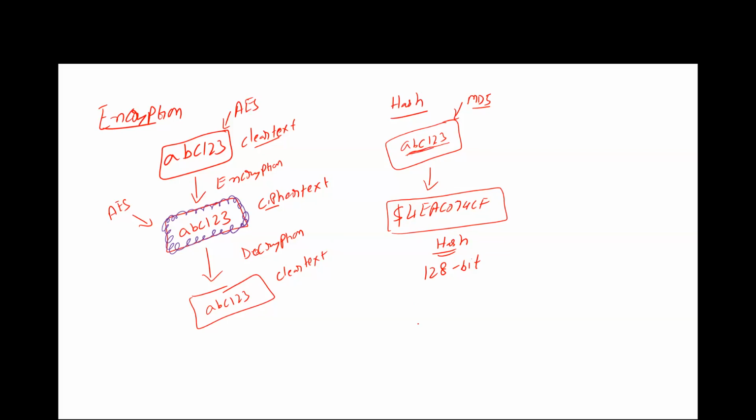Input can be one character, 1000 characters, or software as big as 100 gigabytes or 1 terabyte. Irrespective of the input size, the hash value will always be of the same length. So can we expect the hash value to contain the original data?